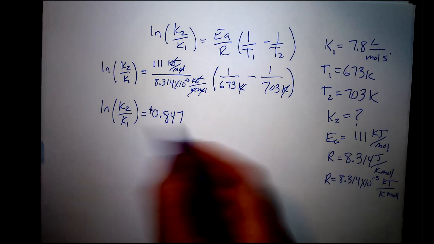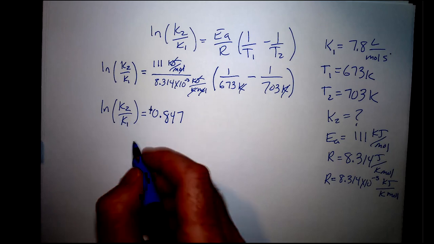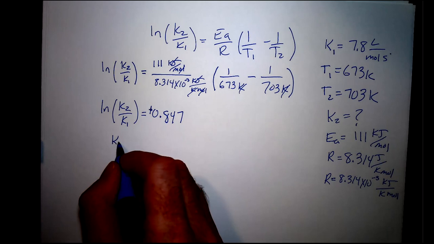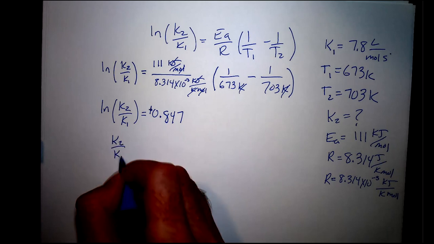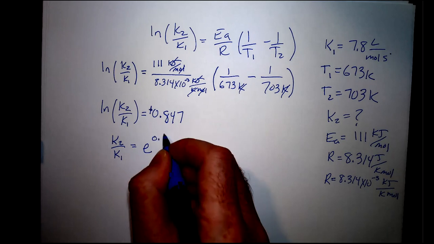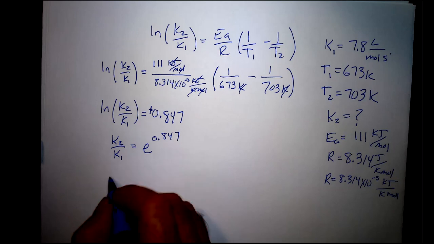So what we have to do now is get that K2 out of the logarithm. We're going to e to the x both sides. And so we get K2 over K1 equals e raised to the 0.847. Then multiply both sides by K1.